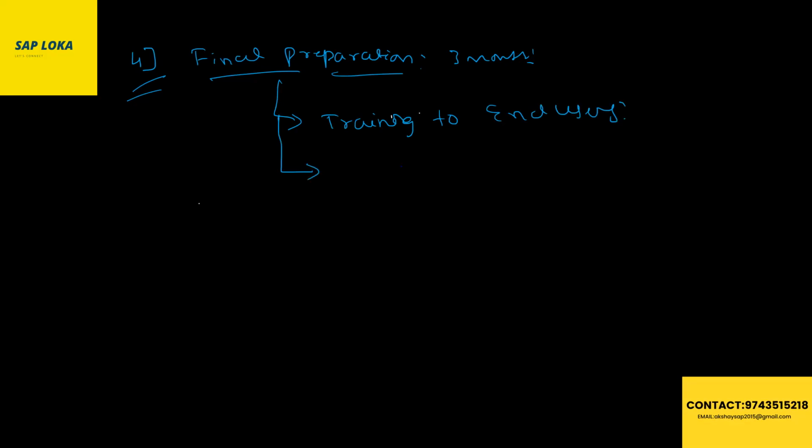Then we'll do the UAT. UAT is user acceptance testing. This will be done by end users with the help of consultants. We need to sit with them and check how these people are doing.